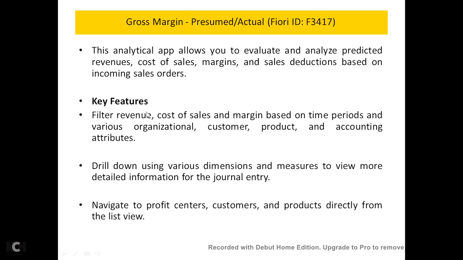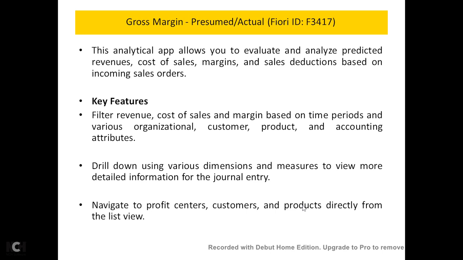Key features of this Fiori app: you can do the filtering on revenue, cost of sales, and margin based on time periods and various other organizational, customer, product, and accounting attributes. You can also drill down using various dimensions and measures to view more detailed information for the journal entry. Also, you can navigate to profit centers, customers, and products directly from the list view.